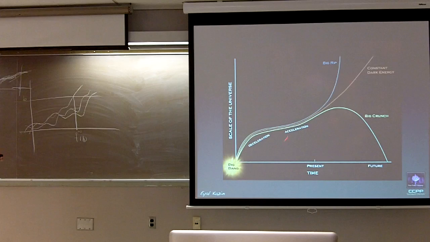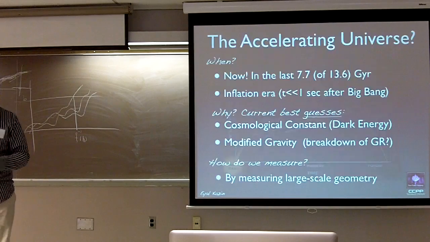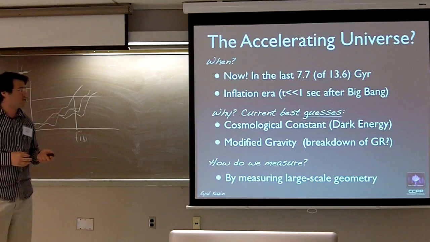And what throws everybody off right now is that suddenly the universe just jump-kicked when it was about half as big as it is today, and it started accelerating, and we're still in that phase of acceleration. One of the things we want to know is, will it continue to accelerate at the same rate, or does that rate change, leading to a big rip, or perhaps a big crunch? Those are things that we're interested in measuring.